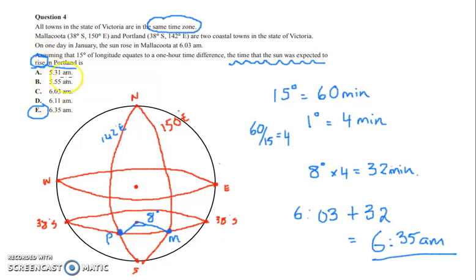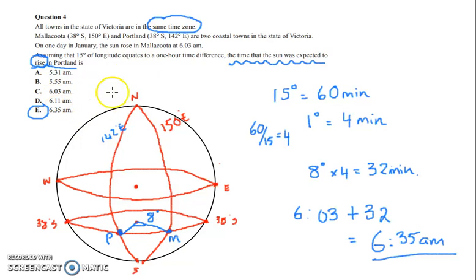I believe that a lot of students in this question had the misconception that they were looking for the time in Portland when it's 6:03 in Mallacoota. As it says there, we are on the same time zone, so we're not comparing the two places' current times because they're actually the same time. We're asking for when the sun comes around and rises in Portland, which is 32 minutes after 6:03.